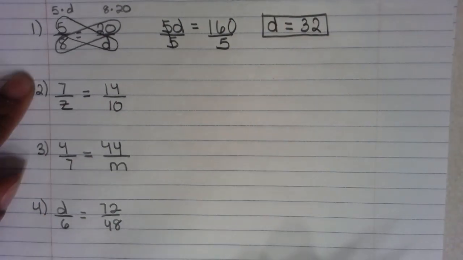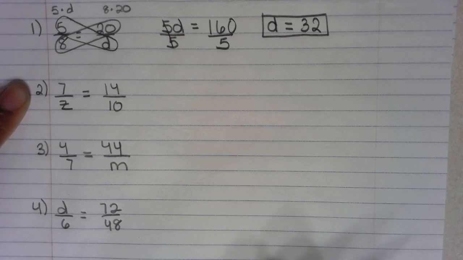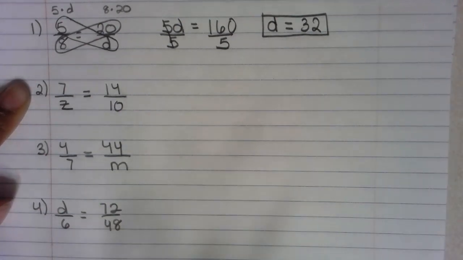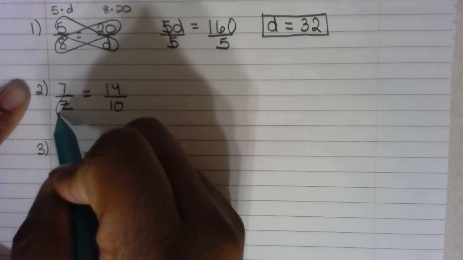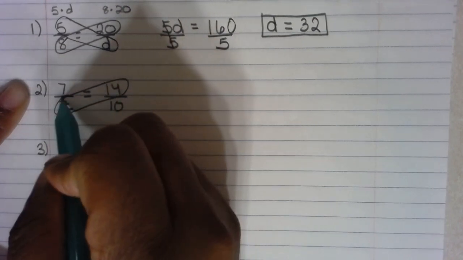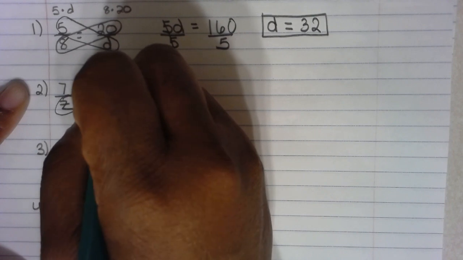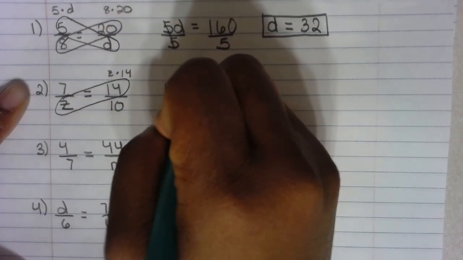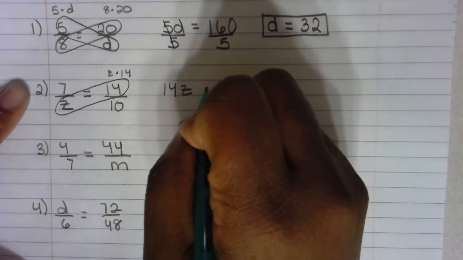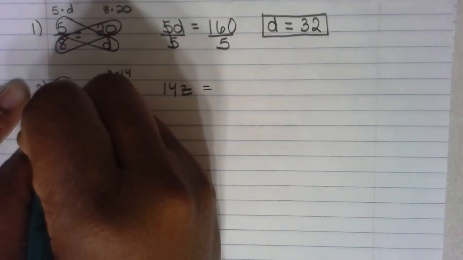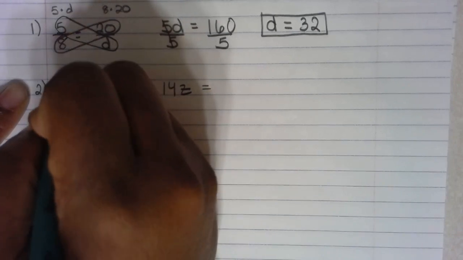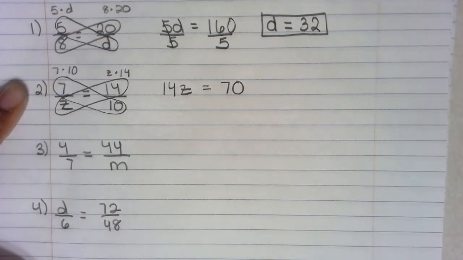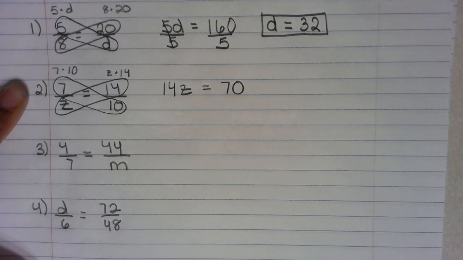So, second example, same 3 steps: cross products, multiply, divide. I'm going to start with the side that has the variable. So this becomes z times 14, which gives me 14z, 14 being the coefficient, set it equal to 7 times 10, which is 70.